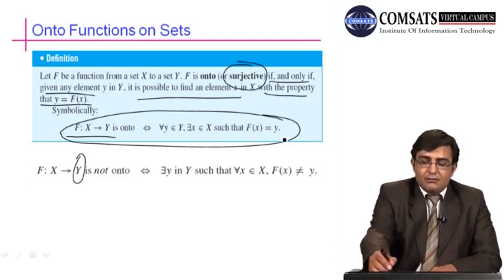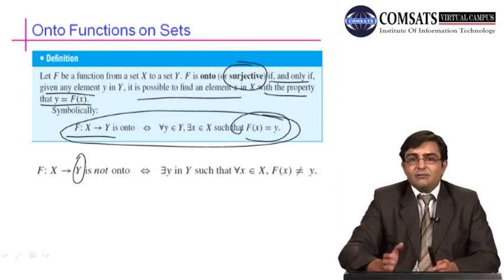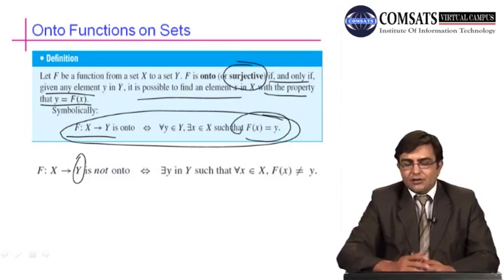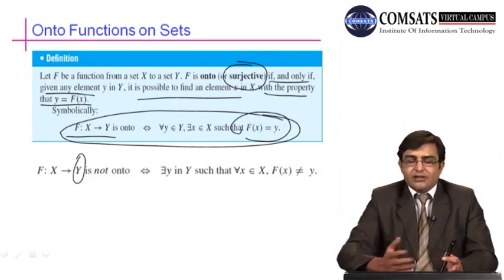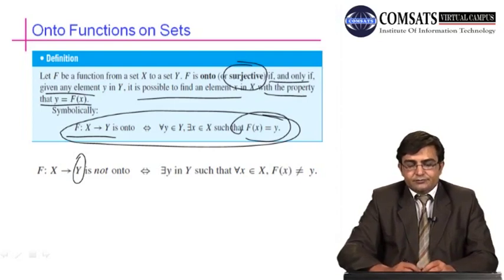So every element of Y must be utilized. You can say that no element of Y should be extra or without any preimage. This is the kind of function which is called an onto function.